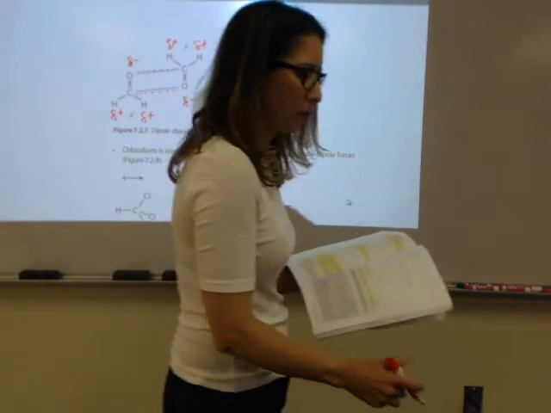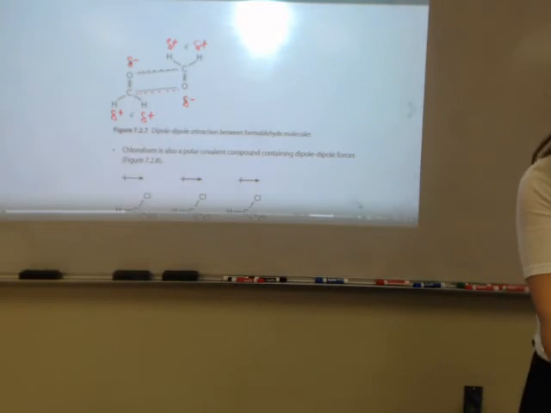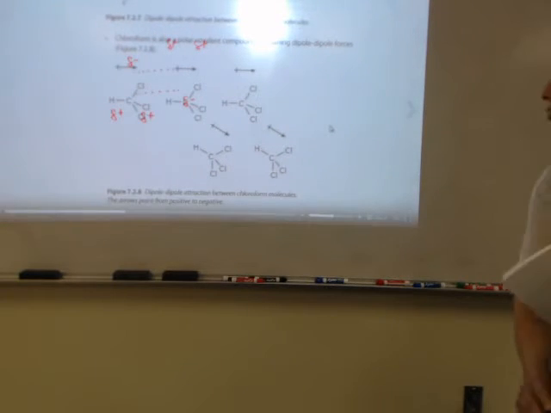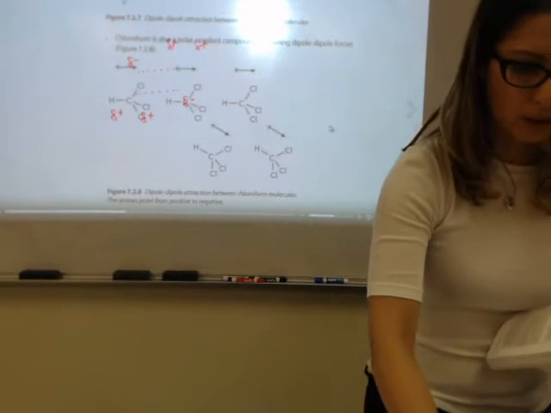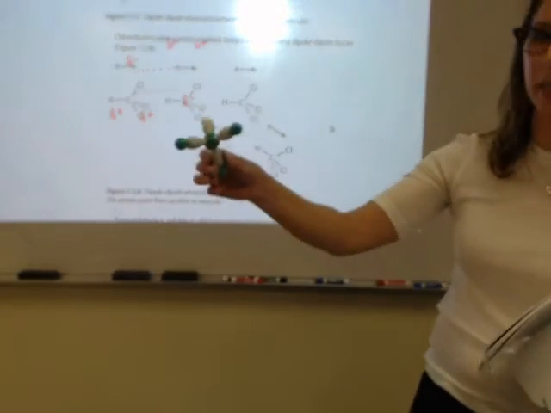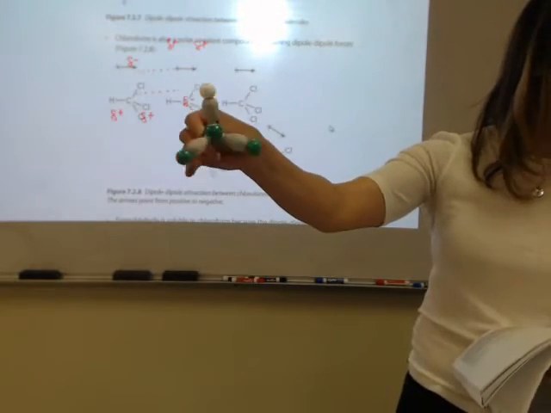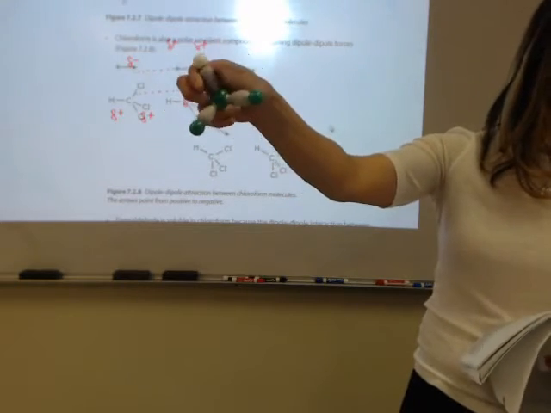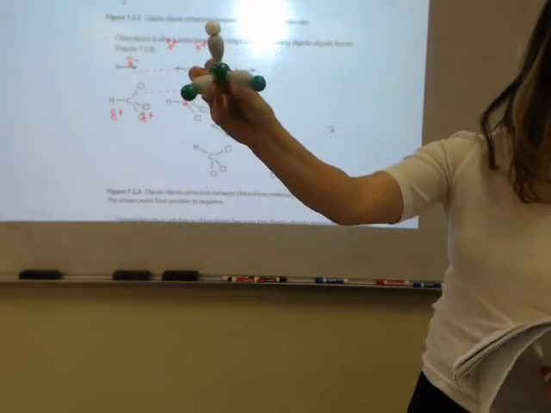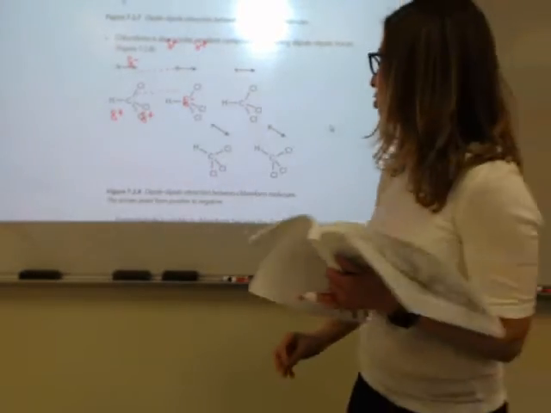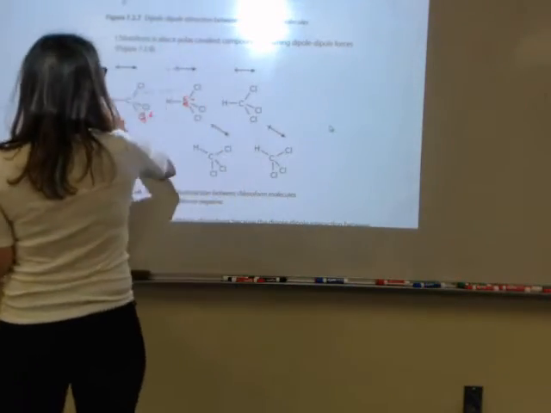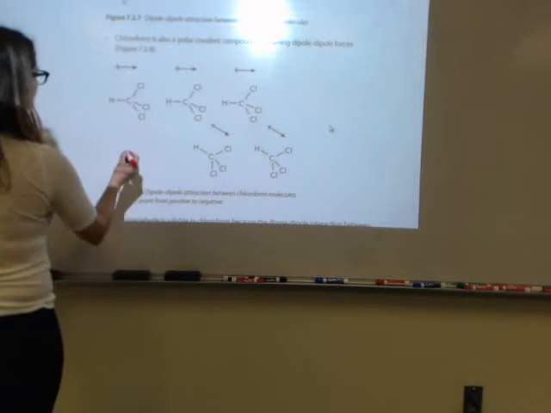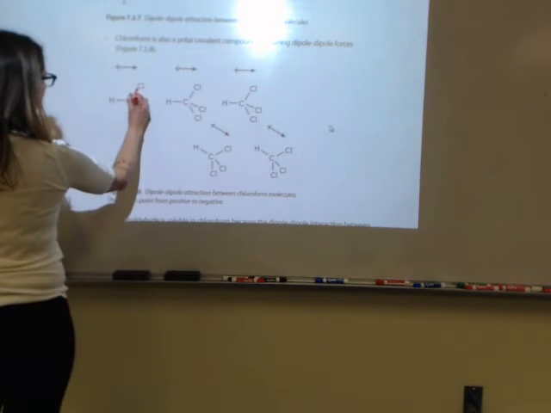And chloroform, just underneath it, is also a polar compound that has dipole-dipole forces. And chloroform looks something like this. Okay, so you've got 3 chlorines bonded to your central atom, and then you have 1 hydrogen bonded to the central atom. So this is a polar molecule as well, and you will notice that chlorine is more electronegative than carbon.